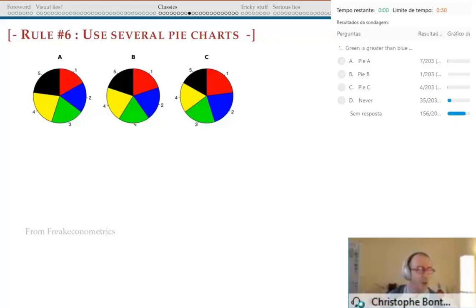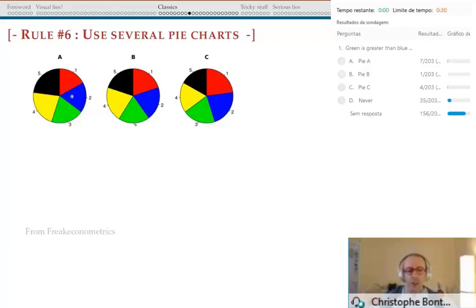And I don't see the answer of the polls for whatever reason. Maybe I could change the layout or something like that. But my guess is that you are all wrong, because I've done this exercise quite a lot. Or maybe some of you have noticed that only in this situation here, the green is greater than the blue.